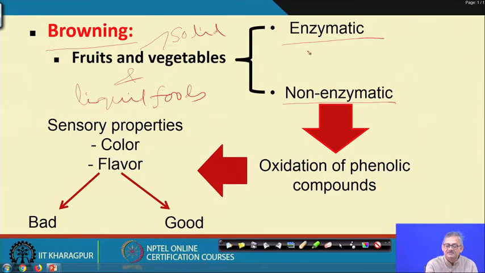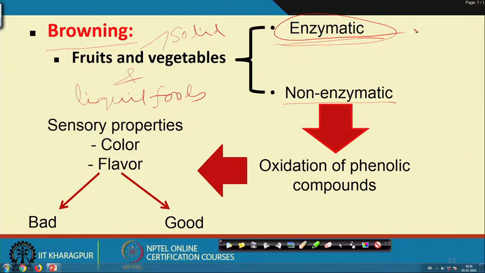If it is enzymatic, then this is controlled by the enzymes. We gave the example earlier: if you are cutting an apple, or if you are cutting a potato, a very handy example, because you come across potato every day. Apple you may not come across every day.